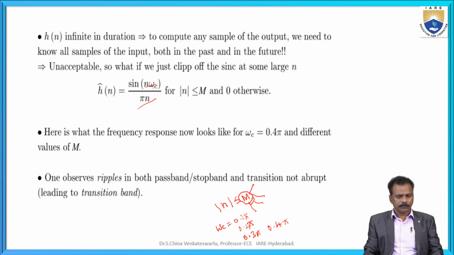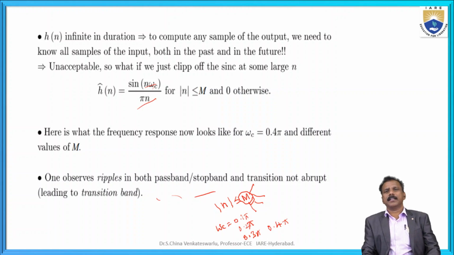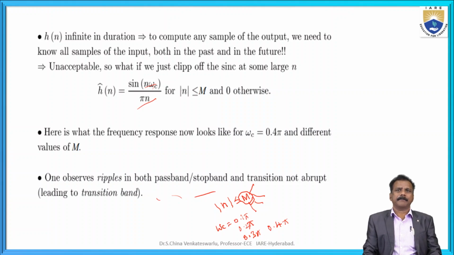So one observes ripple in both the pass band and the stop band, and the transition is not abrupt, leading to a transition band.